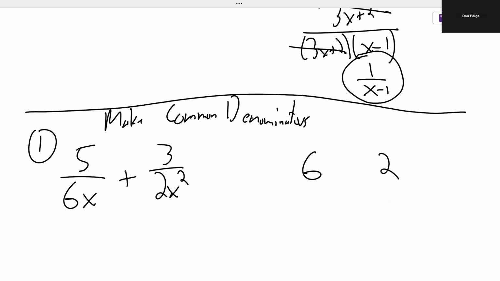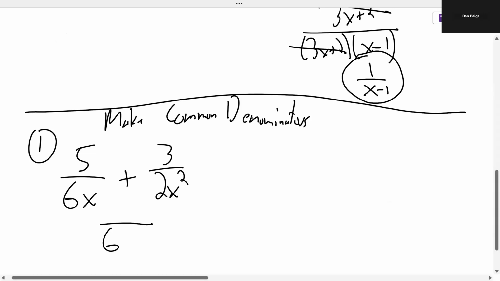Not 12. It's just 6. It's like the least common multiple. So the common denominator here is going to be 6 because 2 times 3 makes 6, right? And this 6 times 1.